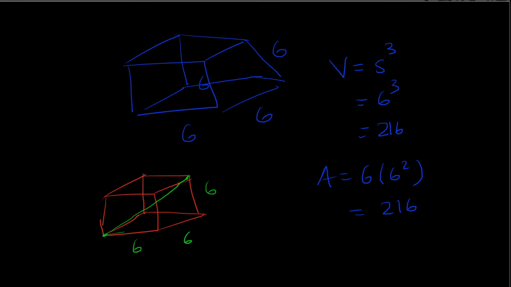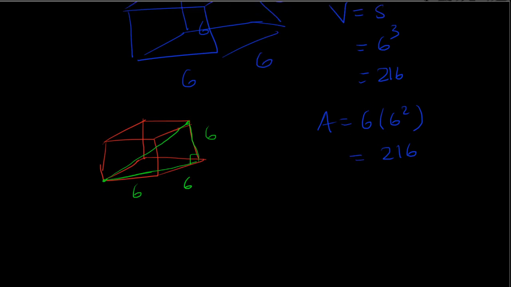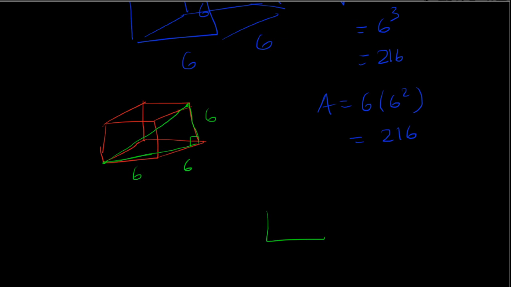So we're looking at the base here, the diagonal here, and then this height here. That forms a 90-degree angle. Okay. So we know that the height is 6. What is the diagonal here of the base? Well, if I were to look at a bird's eye view of the base, I have 6, 6, and then I want to find the diagonal. The diagonal is going to be 6 root 2.